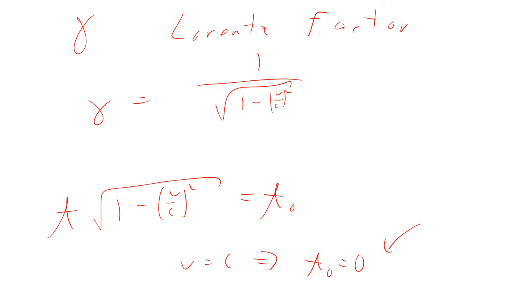Because time does not pass, acceleration is 0. You cannot accelerate if you don't have a change in time. Therefore, if you're going the speed of light, you cannot speed up or slow down. You cannot change. This means that the speed of light is an absolute speed limit.